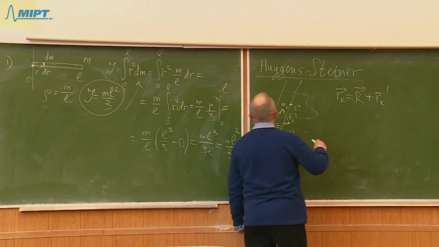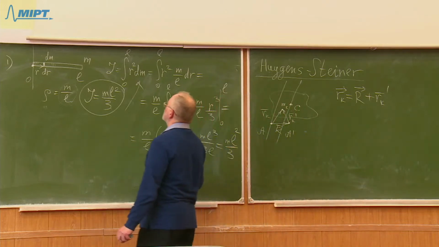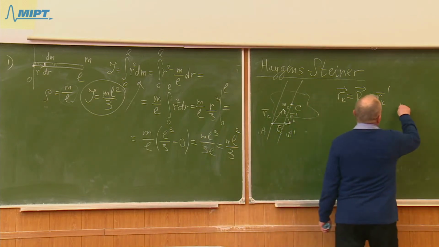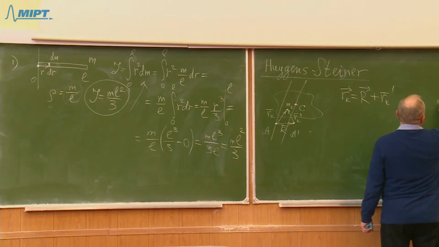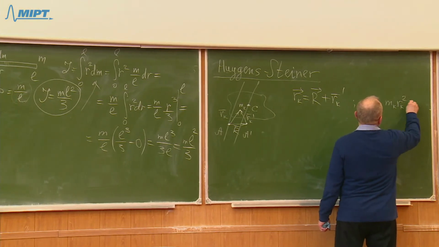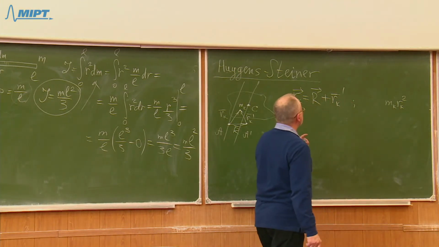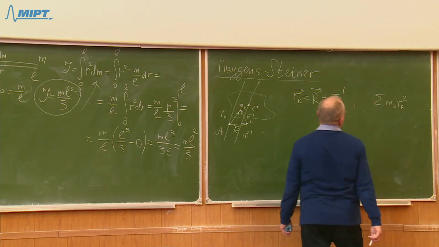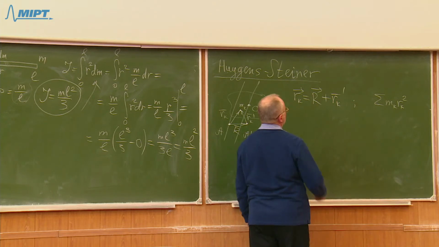When we calculate the moment of inertia, we will have to calculate such quantities as mk rk squared. So we have to know what rk squared is. We have to calculate such a sum in order to calculate the moment of inertia.